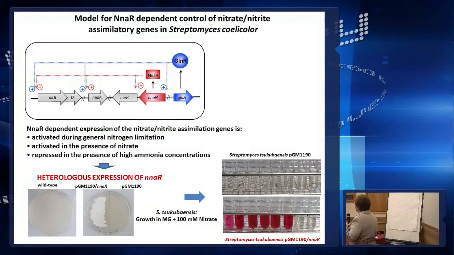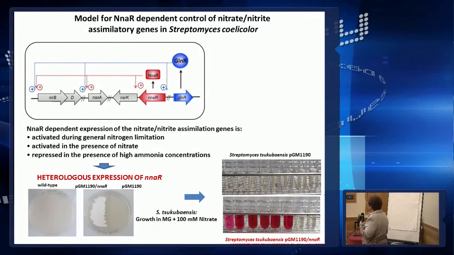In coelicolor, it's known that the general regulator of ammonium, GLNR, with this regulator are important, both of them, to activate the nitrate utilization genes. The nitrate utilization genes are activated during general nitrogen limitation, are activated when nitrate is in the medium, but they are repressed in the presence of high ammonium concentration.